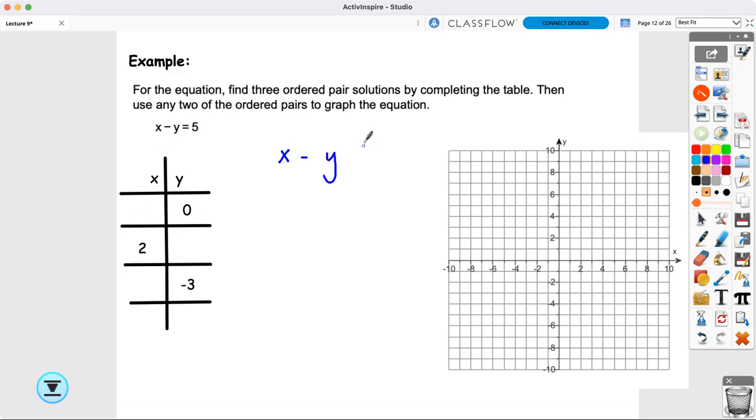X is missing and we have Y is 0. Exactly, thank you. X is missing, so we want to find X. Let's write it to the side here. We're going to find X when Y equals 0. That's exactly what we heard, and that's what we see.